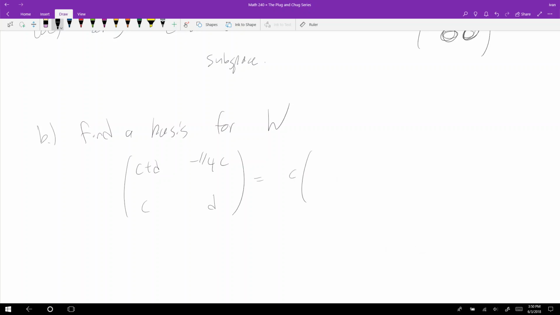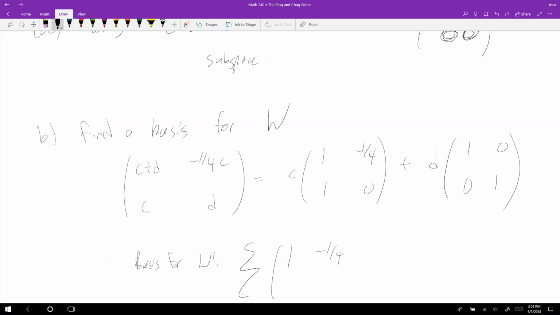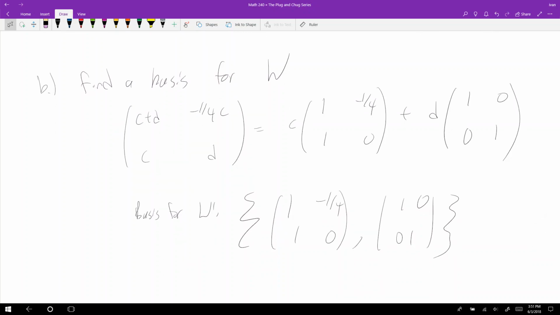So this is equal to C times the matrix 1, negative 1/4, 1, 0, plus D times the matrix 1, 0, 0, 1. And this is our basis. So our basis for W contains two matrices, which are 1, negative 1/4, 1, 0, and 1, 0, 0, 1, and we're done, right?